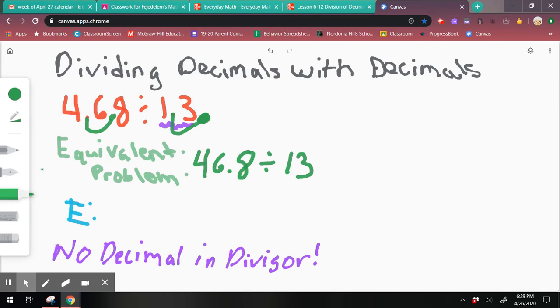If you remember when we talked about equivalent fractions, equivalence means it's equal to. So 46 and 8/10 divided by 13, whatever answer we get for that problem is going to be the same answer for 4 and 68/100 divided by 1 and 3/10.